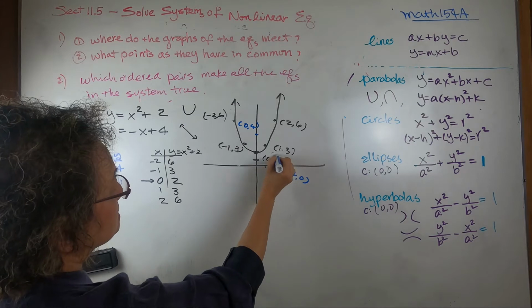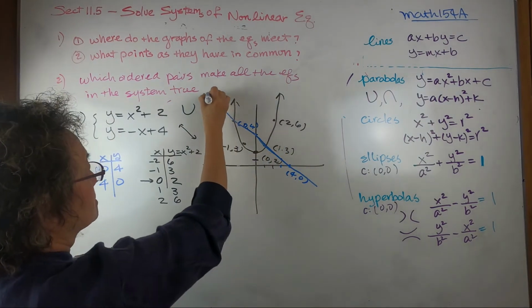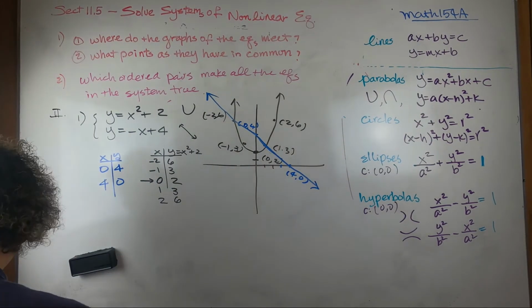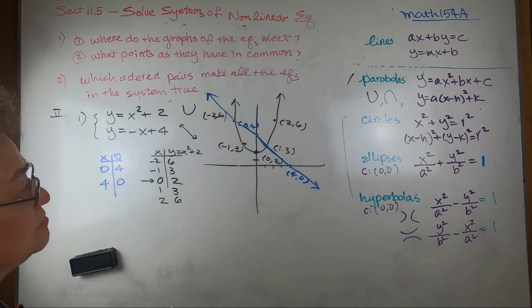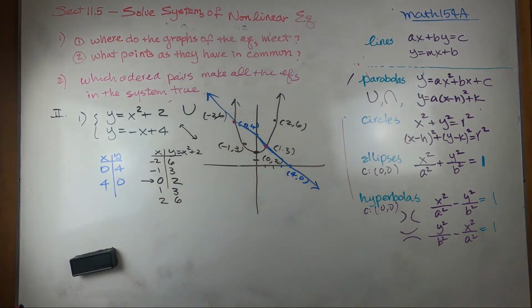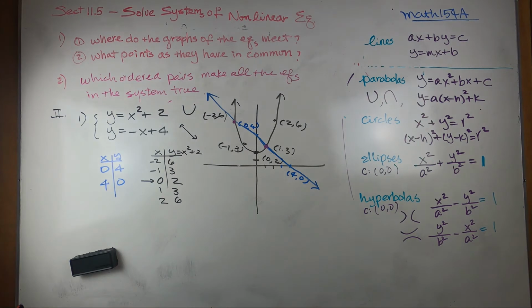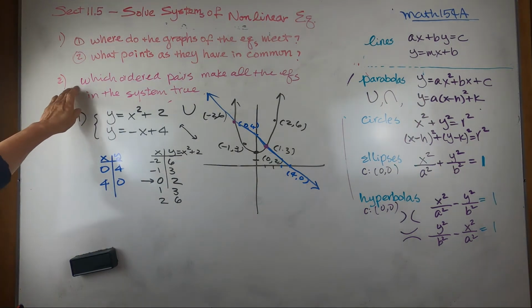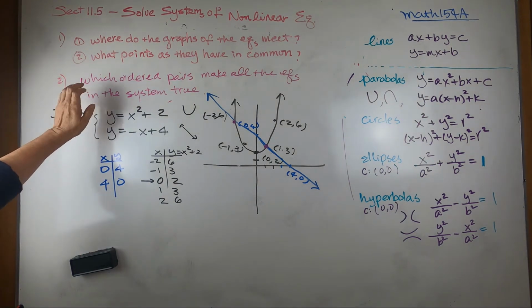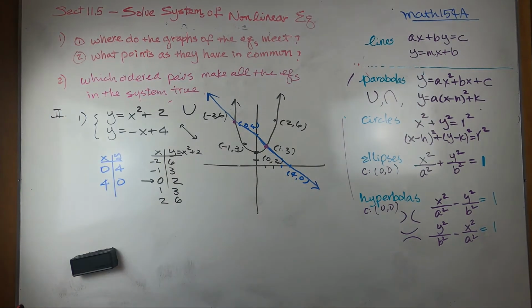So we will connect these two points with a line, right? Then we find out where they meet. But we don't know the exact position. It looks like that way, but we cannot be sure. So we have to solve it algebraically so we can find the exact numbers.